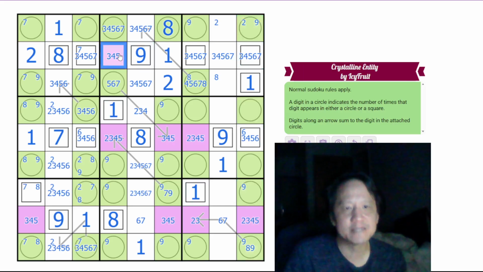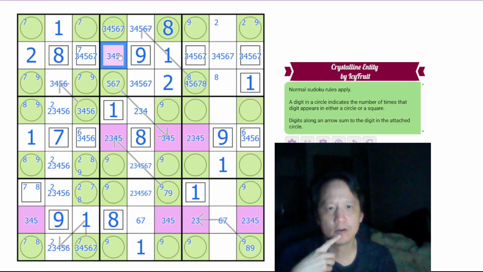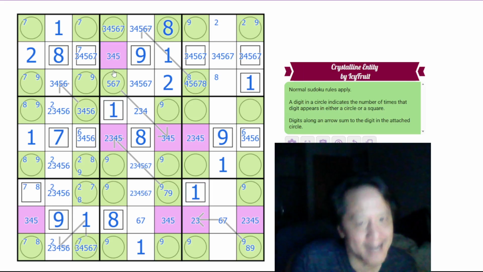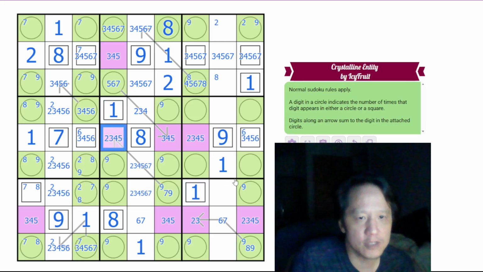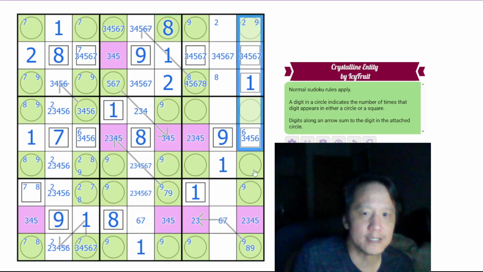So this must be a 3 here. If this is not 3, the problem is... say this was a 3. If this was the 3, you don't have... That eliminates... 3 has to be either here, here, or here for columns 1, 6, and 9, or 7.